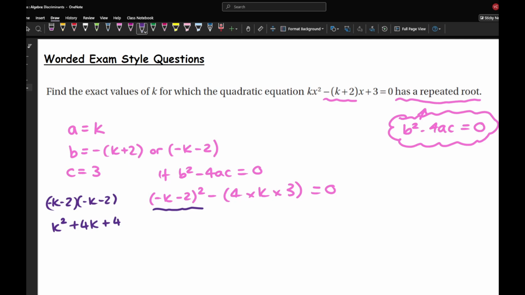So I can rewrite this as k squared plus 4k plus 4 minus 12k equals 0.